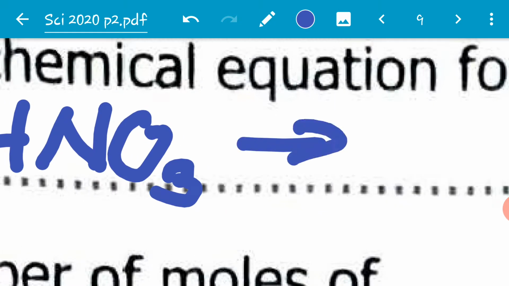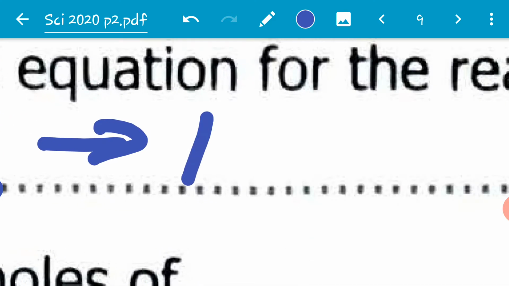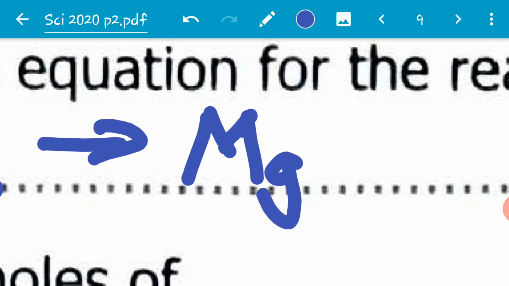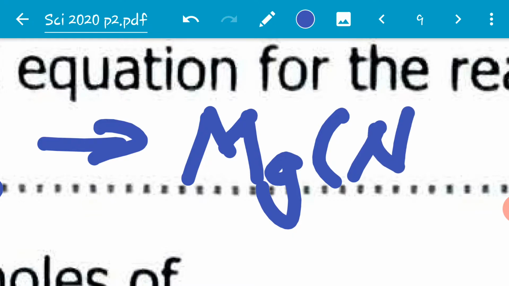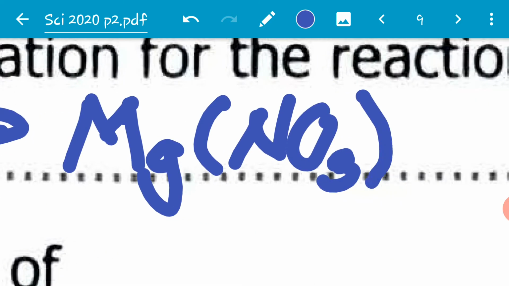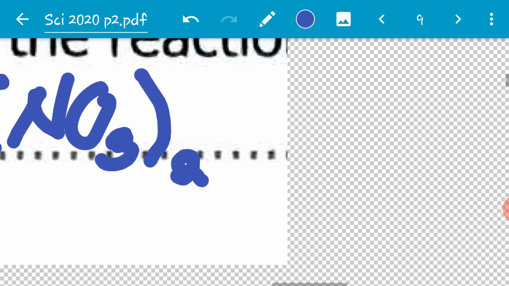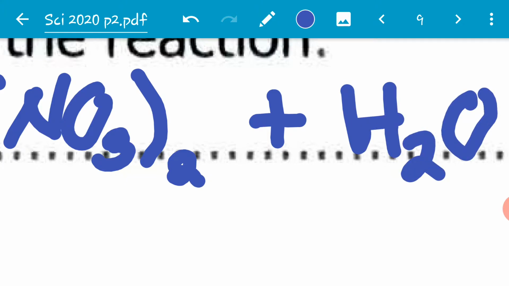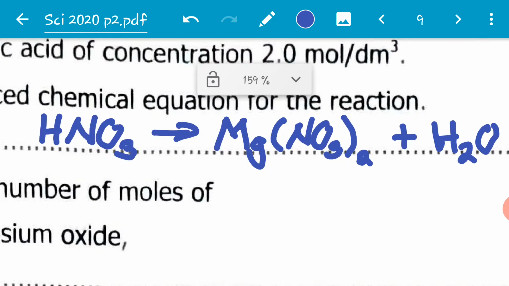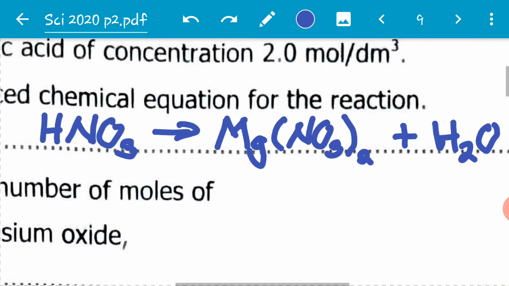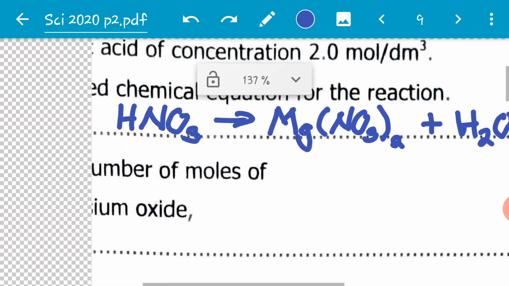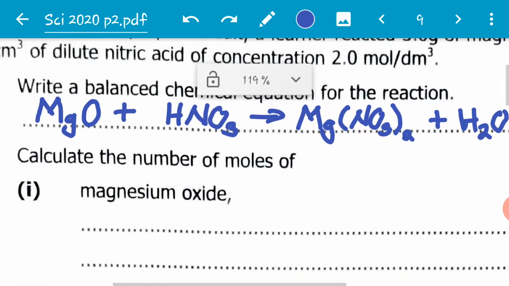So the product is definitely going to be magnesium nitrate plus water. So we've just done the first part of the question, which is writing the equation.